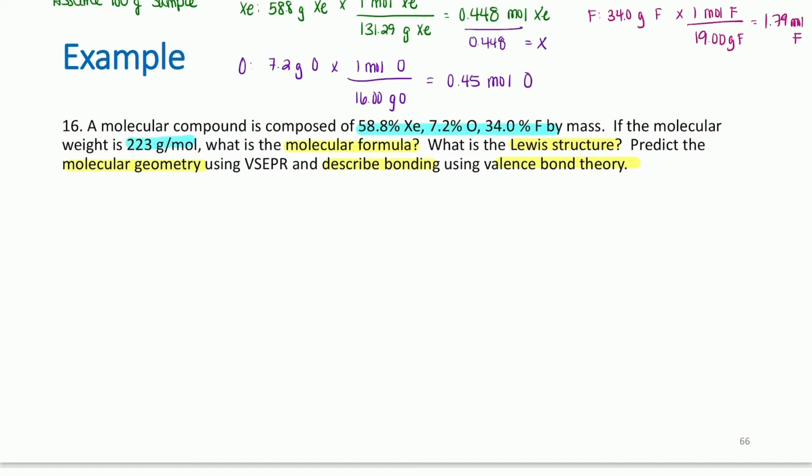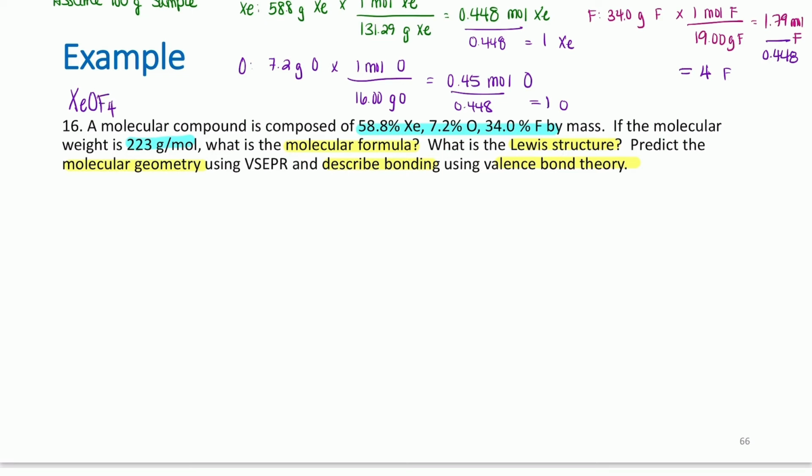And I see I get 1 xenon, about 1 oxygen, and about 4 fluorines. So my empirical formula here is XeOF4.